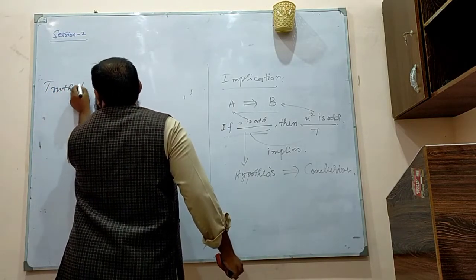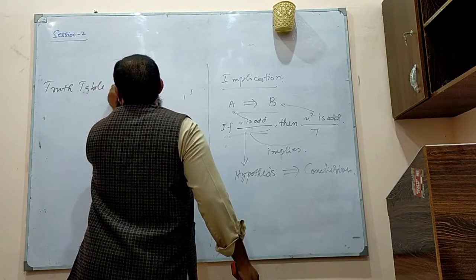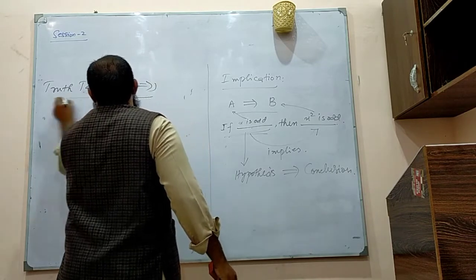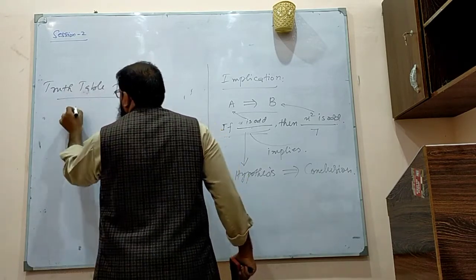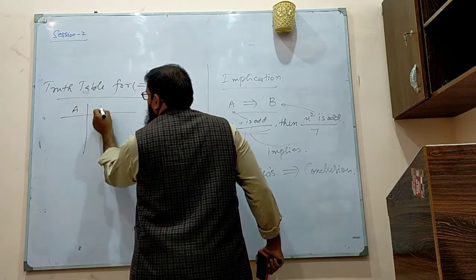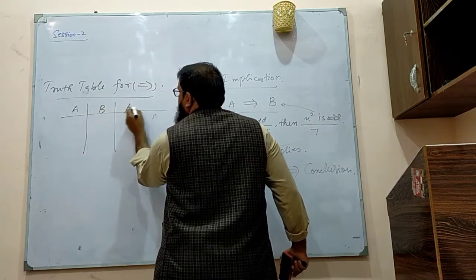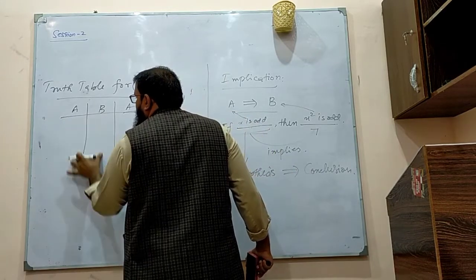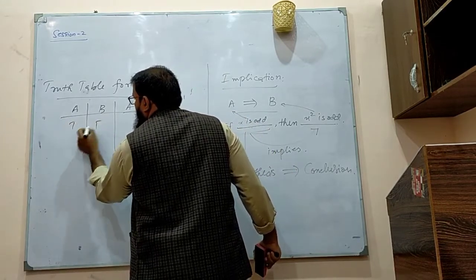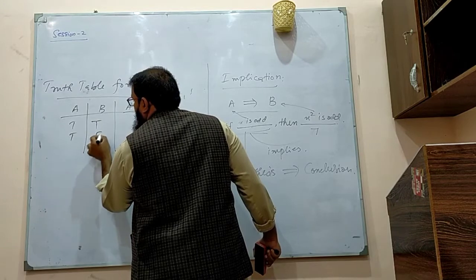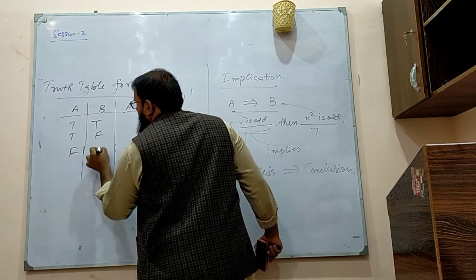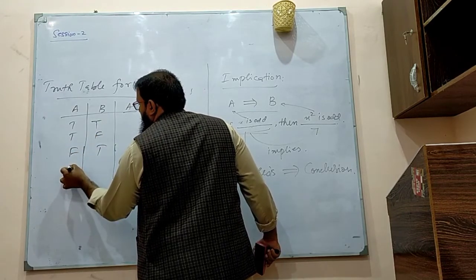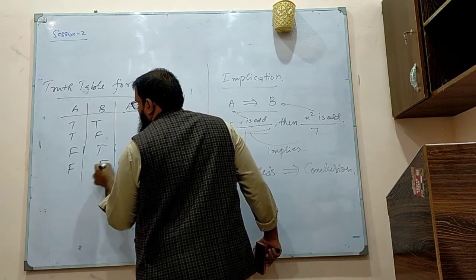Truth table for an implication. So let's say this is statement A and this is statement B. We are interested in the truth table for A implies B, and again you know very well these are the possibilities: true and true, true and false, false and true, and false and false.